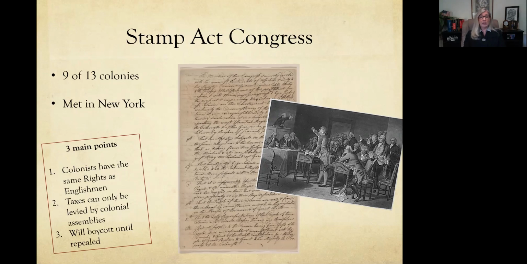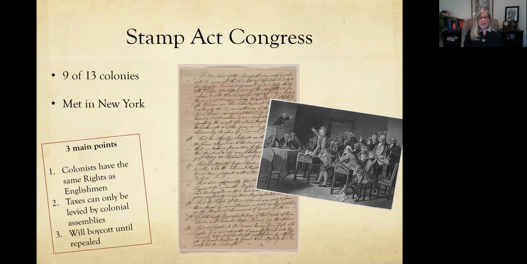So these delegates are going to meet there. New York's kind of mid-Atlantic. It's kind of the center of the various colonies. They meet together in New York, and they put together three main points, all right? They are not declaring independence. So the Stamp Act Congress does not declare independence.